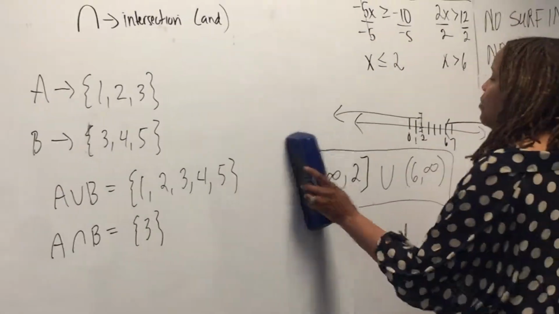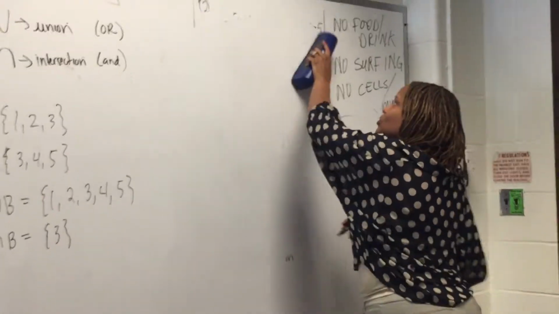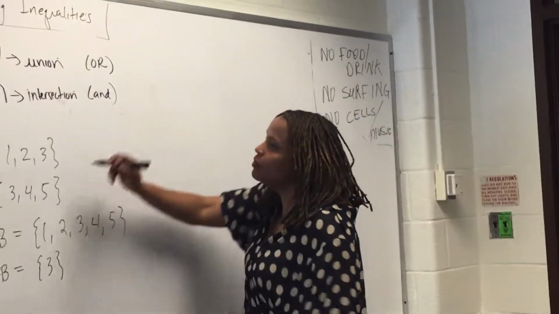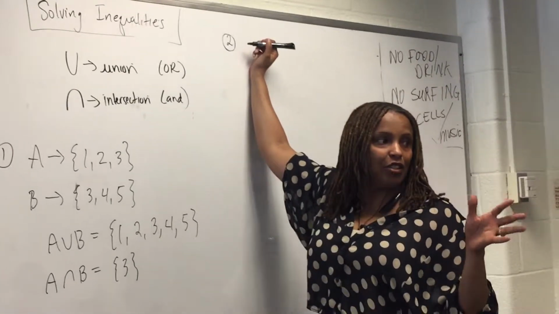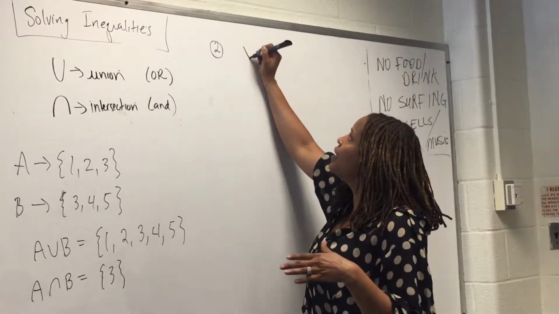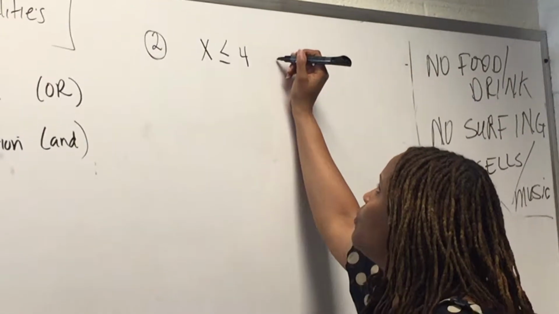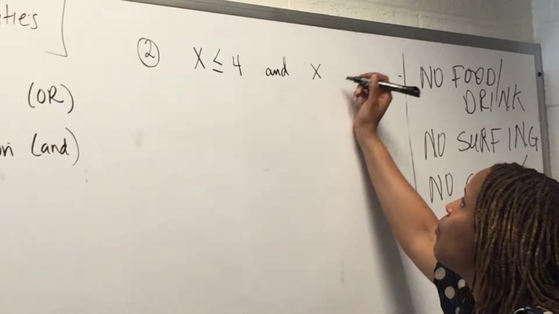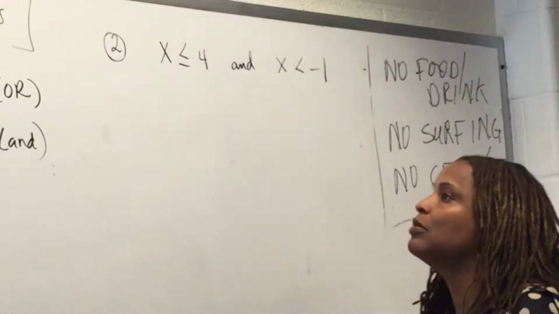Okay. Well, let's apply it using intervals. Now I'm abbreviating this a little bit. But suppose I had x is greater than or equal to 4 and x is less than -1.